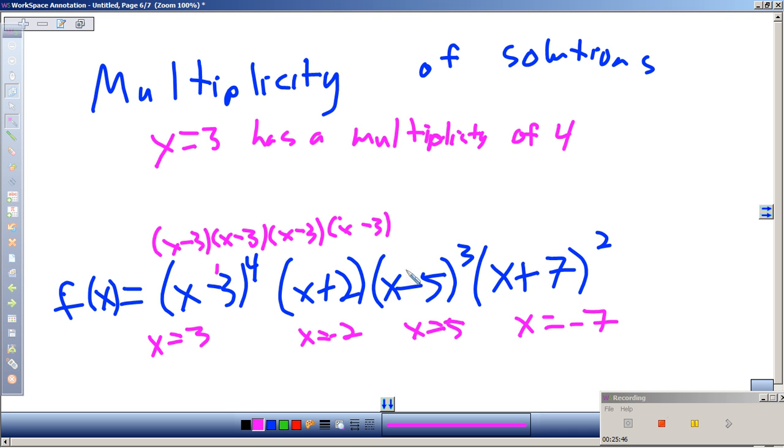And what would negative 2 have as a multiplicity? 1. So multiplicity is when you're talking about how many times a certain number occurs as a solution. To see it, you usually need to have the polynomial in this form.